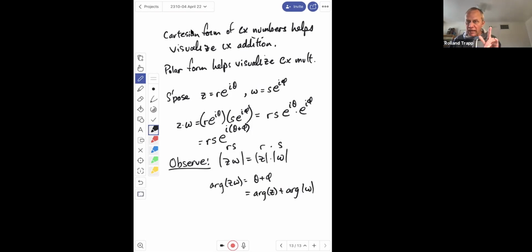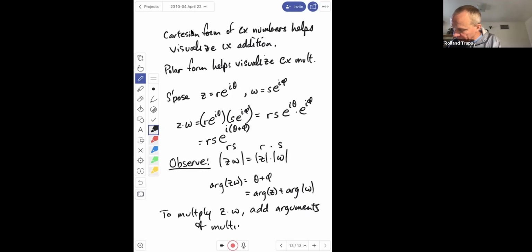So to multiply two complex numbers, you add the arguments and you multiply the lengths. To multiply z times w, you add arguments and multiply lengths.